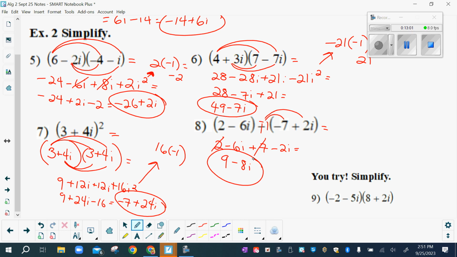Okay, and rather than doing the you try, I'm going to have you just get started on your assignment. I'm going to check one of the ones on the assignment. Can I get somebody to pass this out? And I'll come around and check off the homework. I need to get somebody to pass this out.